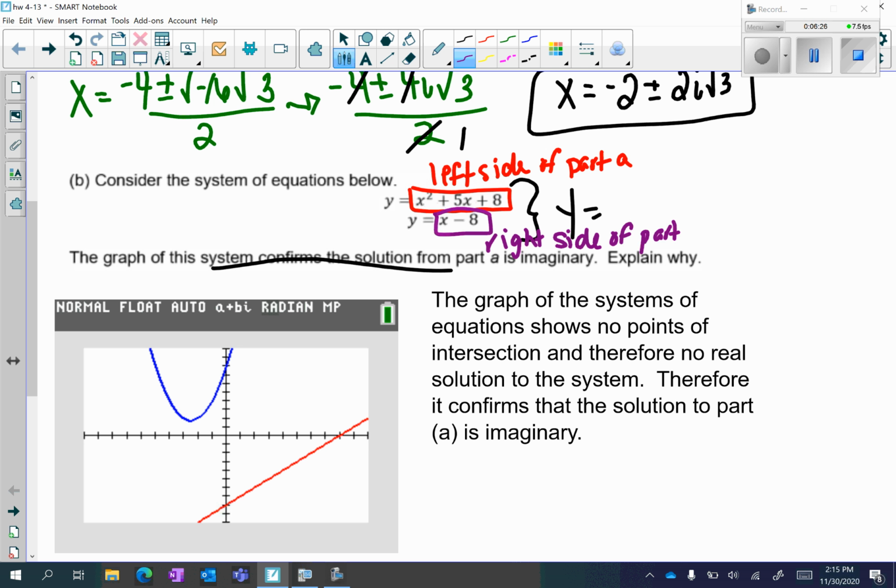So that means that if I were to set these equal to each other, there would be no real solution, which is true because we got an i, or an imaginary or complex solution, for part A.